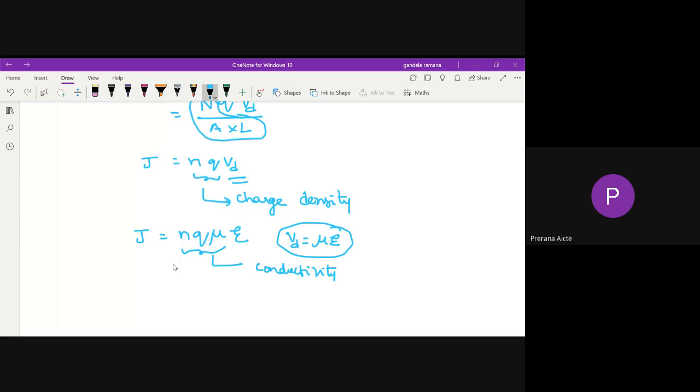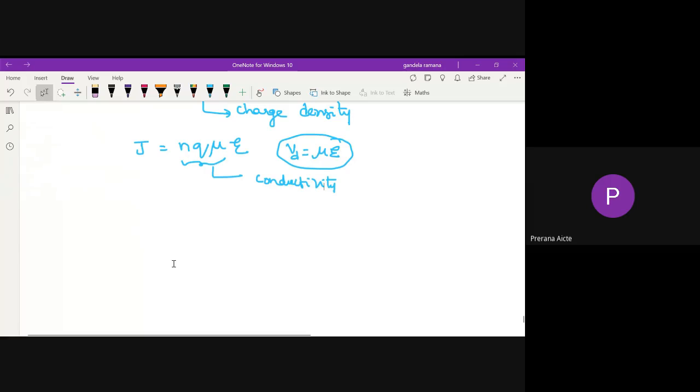That is denoted J is equal to sigma E. Here J is current density and sigma is conductivity. So this is Ohm's law in vector analysis.